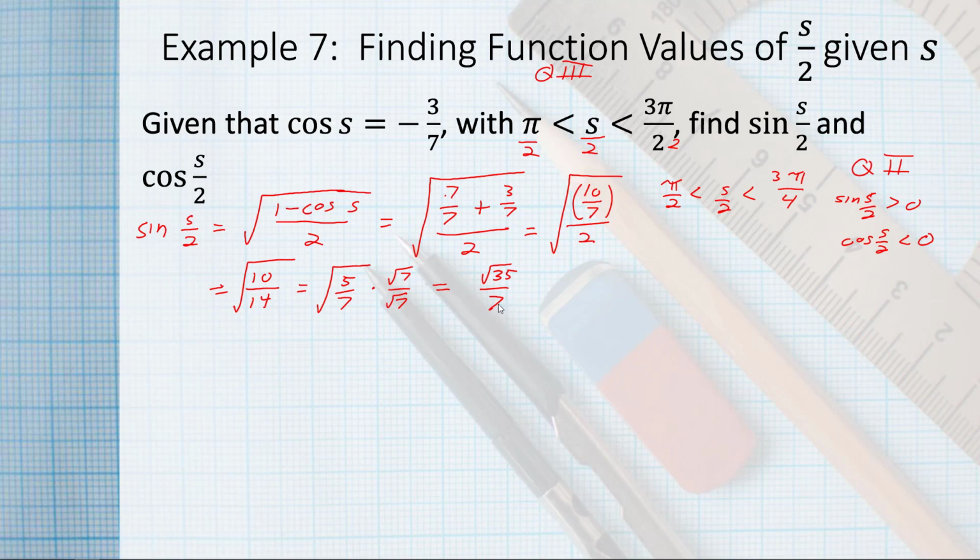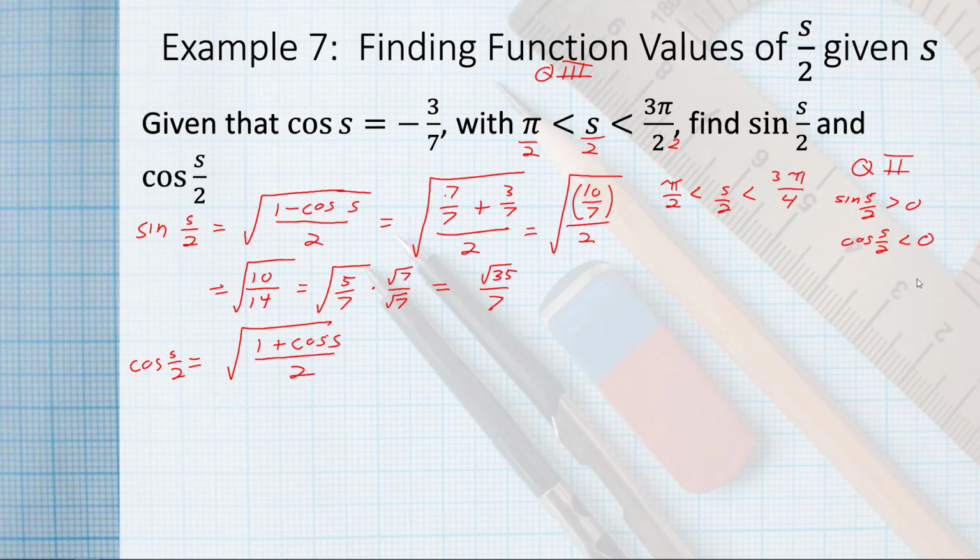Whew. Okay, what about cosine of s over 2? Well, the half angle identity for cosine of s over 2 is the square root of 1 plus cosine of s all over 2.